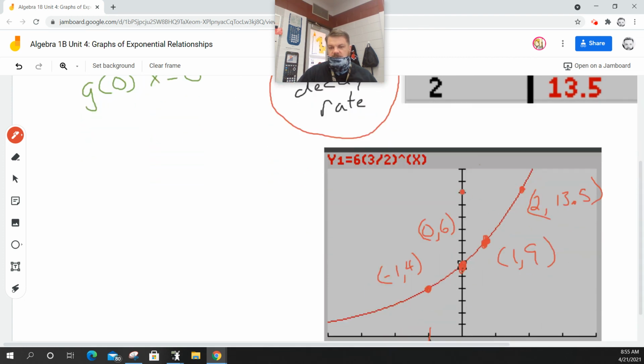And that would be between 12 and 13. So this is 13 and this is 12. If you don't get it right, just make your dot bigger. It makes it look better. All right? So that's all you're going to be asked to do in your homework, is graph those 4 points. But I kind of taught some other stuff along with it, okay? Shall we move on to the next one?